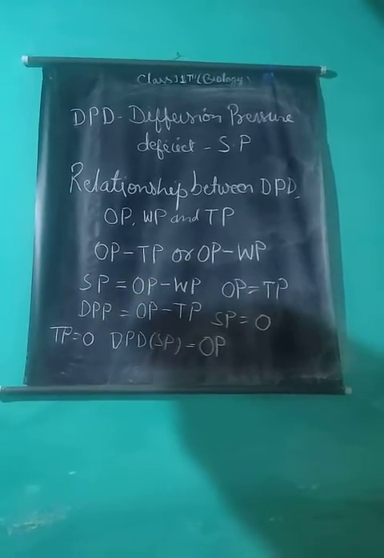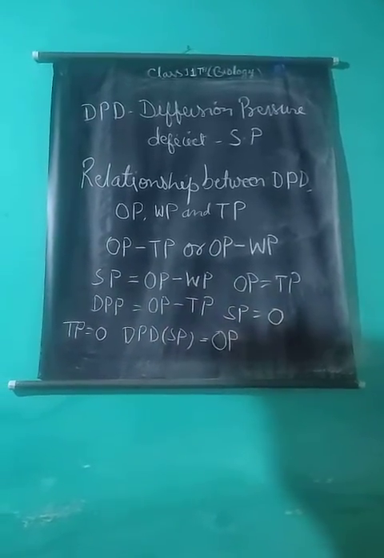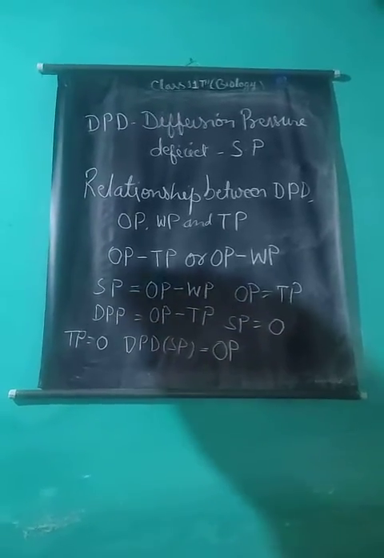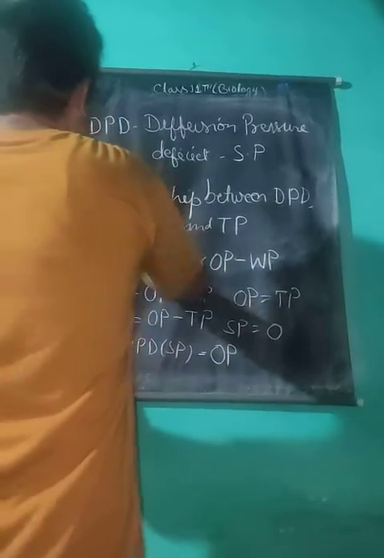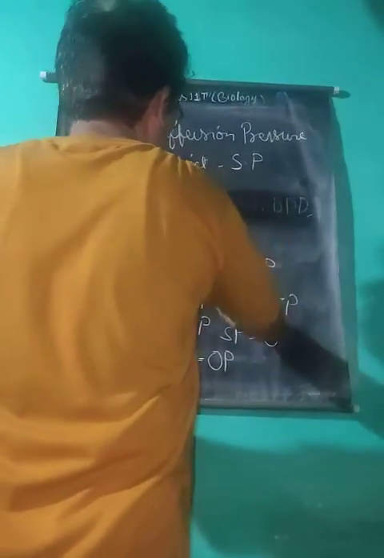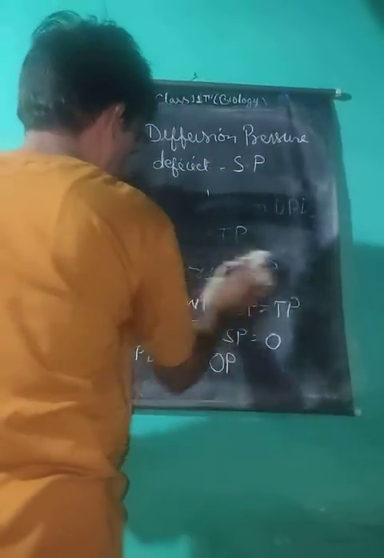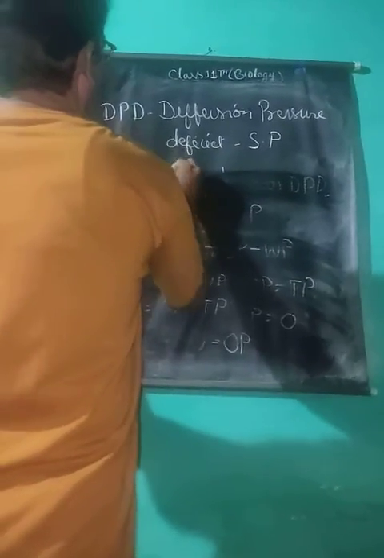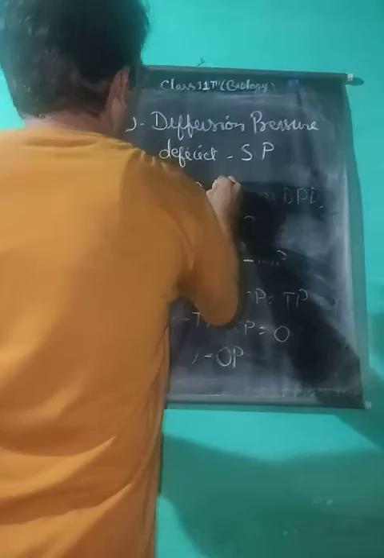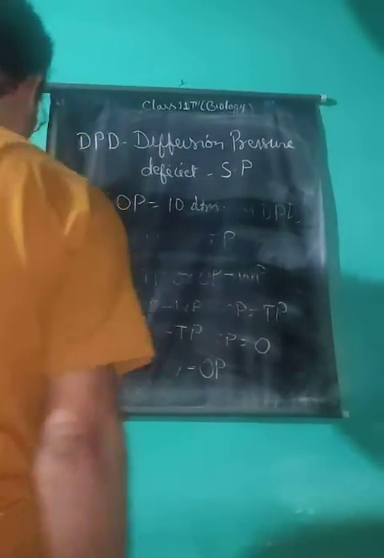Consider that a plant cell with osmotic pressure 10 atmospheres is immersed in pure water. OP is equal to 10 atmospheres.